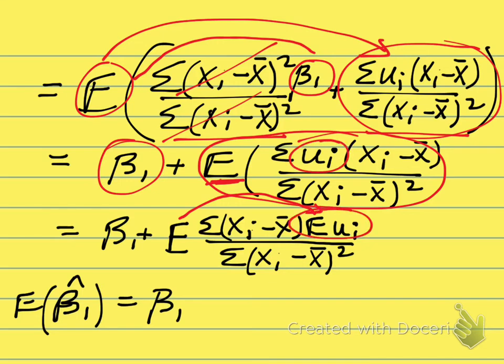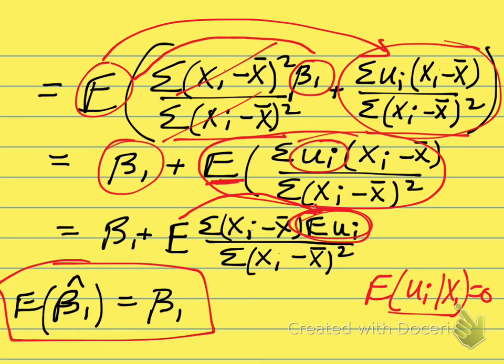But remember our assumption about the expected value of the error term. The expected value of the error term conditional on the x's is equal to 0. So this main assumption means that the expected value of the coefficient, the expected value of beta 1 hat, is equal to the true population parameter.